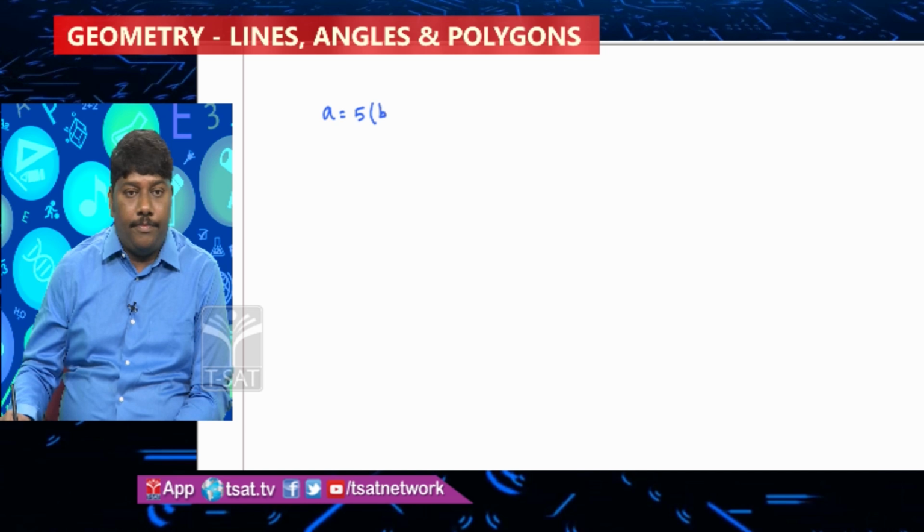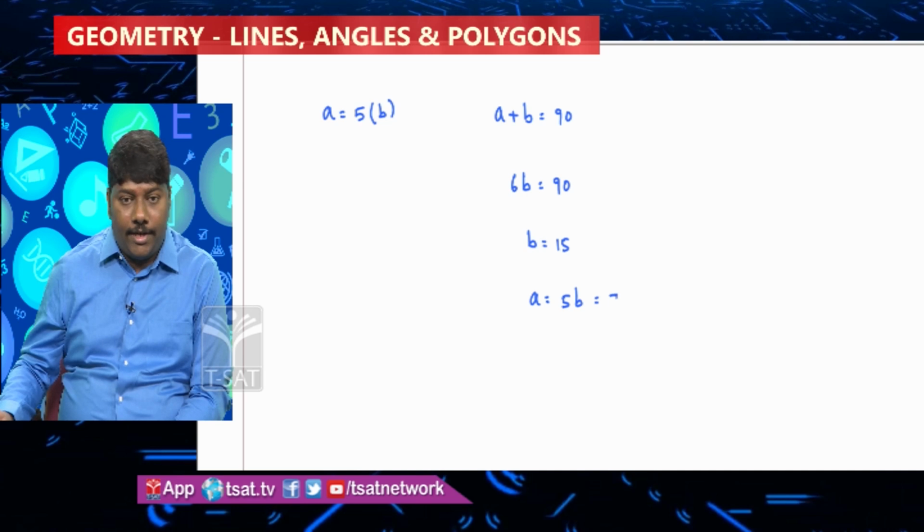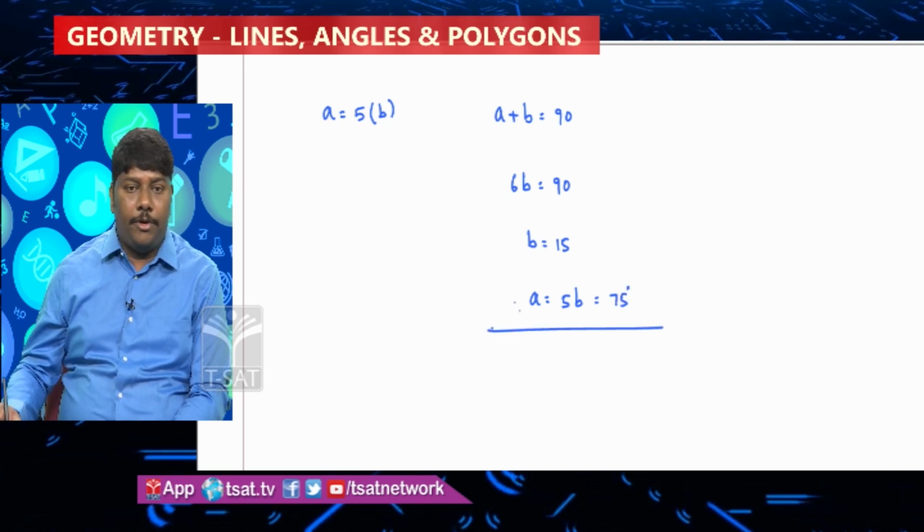Complement B. We know complementary angles means A plus B is equal to 90 and A is 5B. Therefore, 6B is equal to 90, B is equal to 15. But I am looking for angle A. Angle A is equal to 5 times B, which is 75. So like this also you can do it by using two variables. If you don't want to use two variables, you can use one variable and do it.